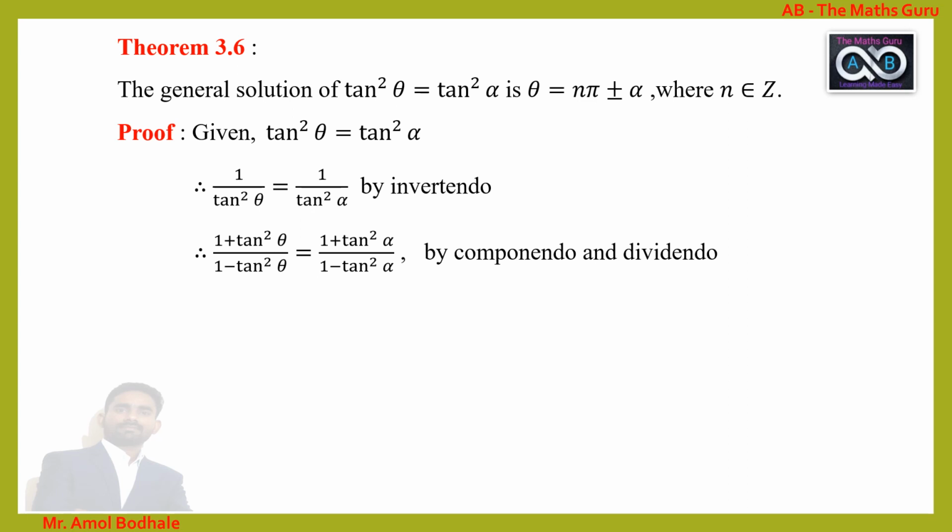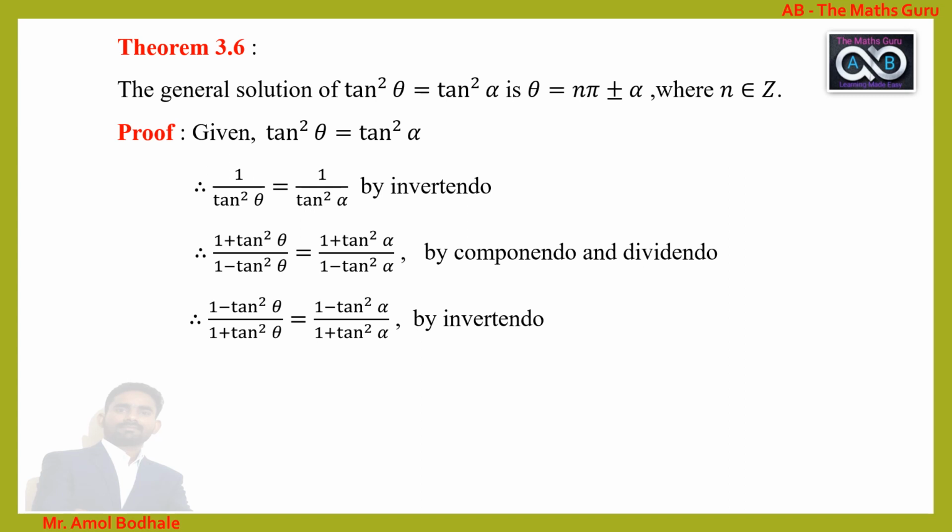Similarly, (1 plus tan square alpha) divided by (1 minus tan square alpha). Now if we again take the reciprocals, the invertendo, we can write this as (1 minus tan square theta) upon (1 plus tan square theta) equals (1 minus tan square alpha) upon (1 plus tan square alpha).